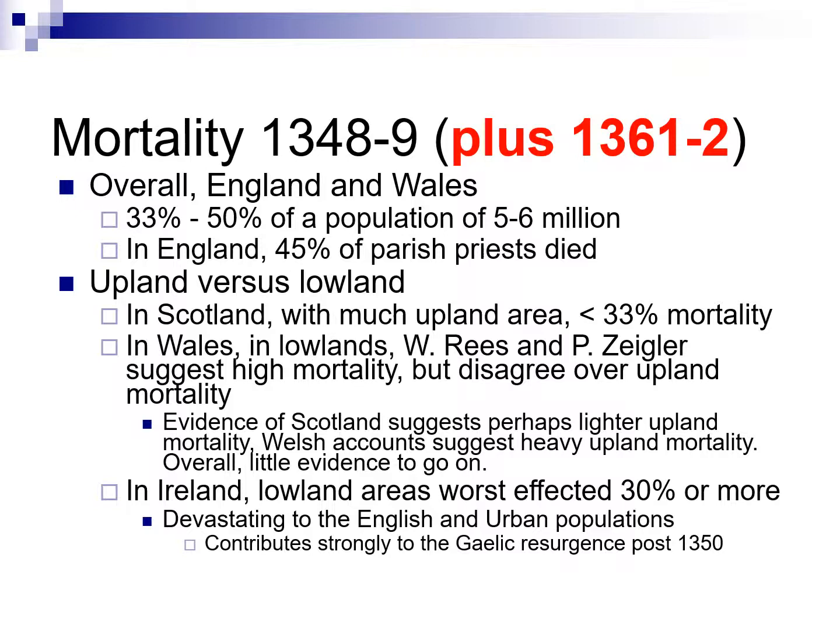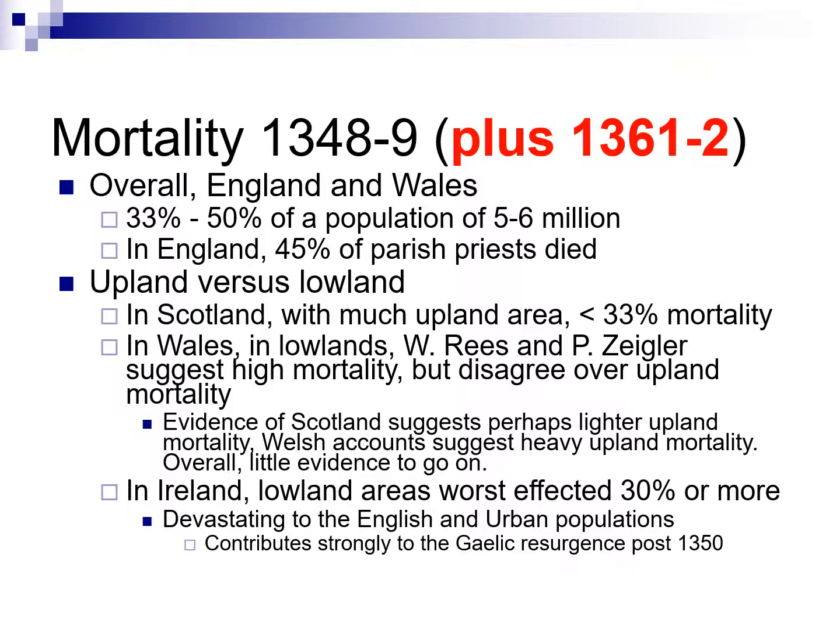And so the English colonial population sees much higher mortality, it is thought, than the native Gaelic population. And in fact, this contributes strongly to a Gaelic resurgence after 1350. That's to say, by the time the plague settled down a couple of years later, suddenly we see a big push by the native Irish to reclaim territory.